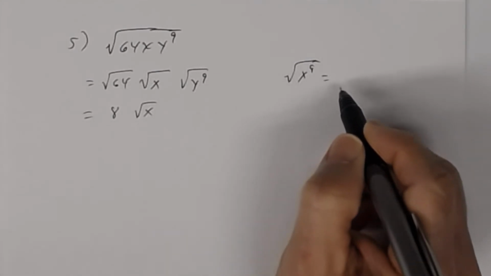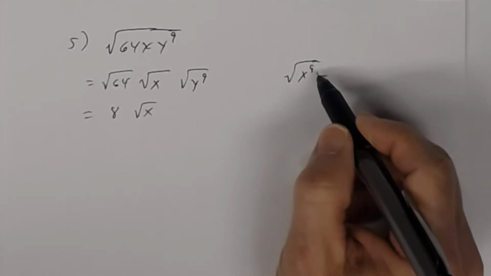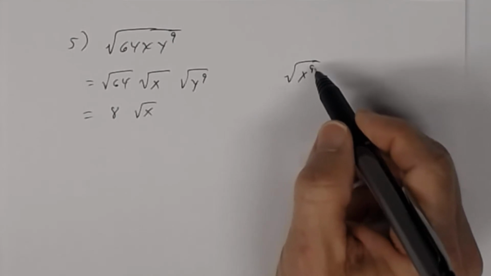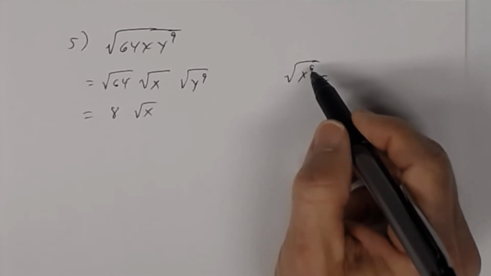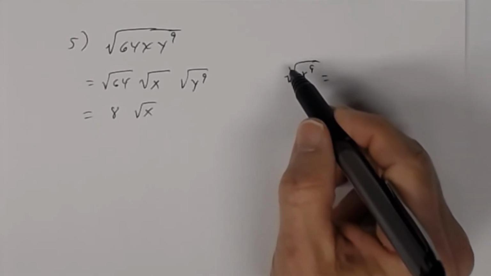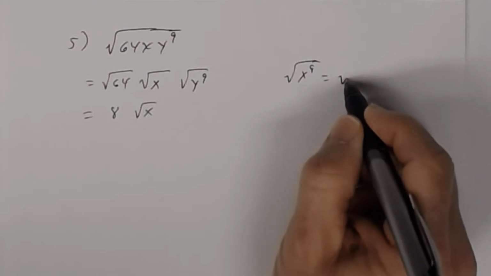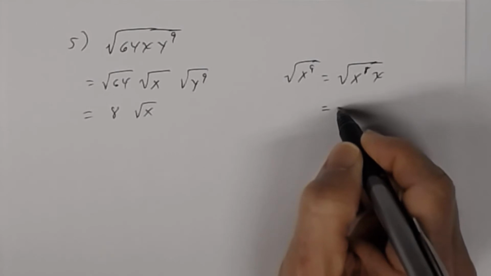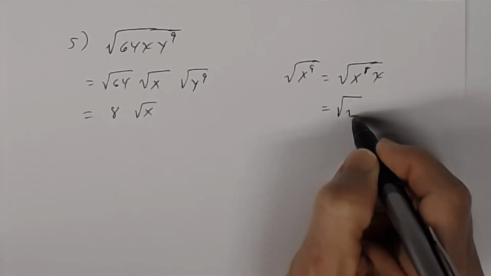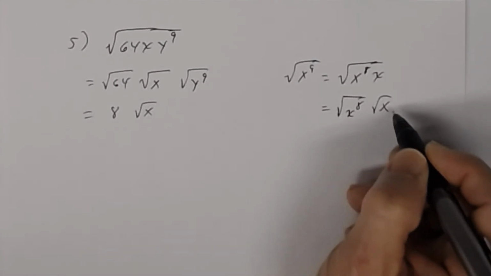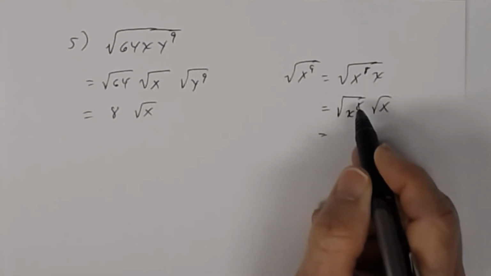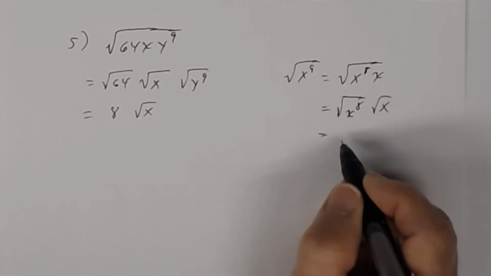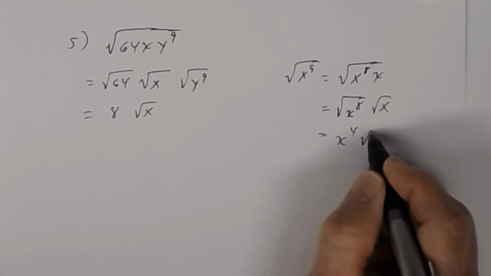So remember the process. Ask yourself, what is the largest integer less than 9 that's divisible by the index, which is 2? The answer is 8. So this becomes the square root of y to the 8th times y. So rewriting this using the product property, that's the square root of y to the 8th times the square root of y. So the square root of y to the 8th, 8 divided by 2 is 4, so that's y to the 4th, and then the square root of y.